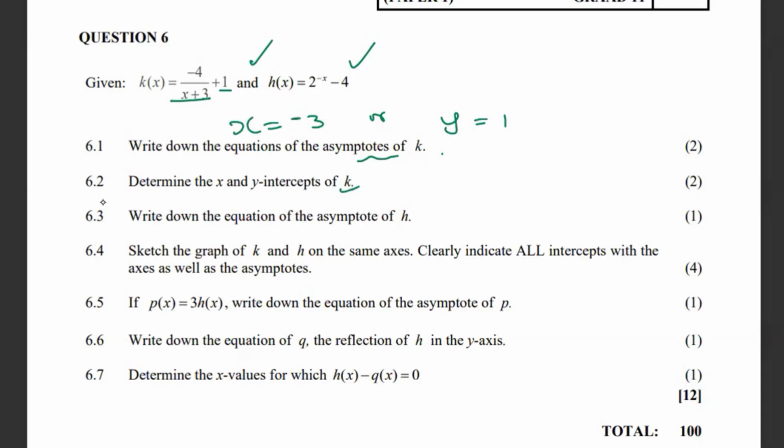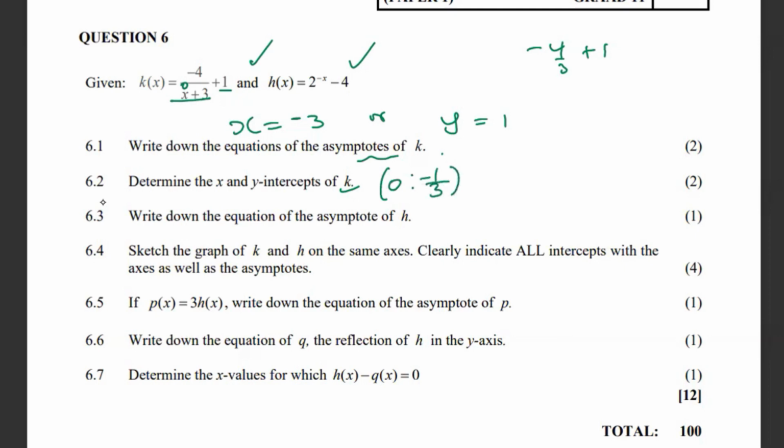For x-intercept, we know that y is 0, and for y-intercept, x must be 0. So let's substitute x with 0 here. You're going to have negative 4 over 3 plus 1, which is negative 1 over 3. So 0, negative 1 over 3.